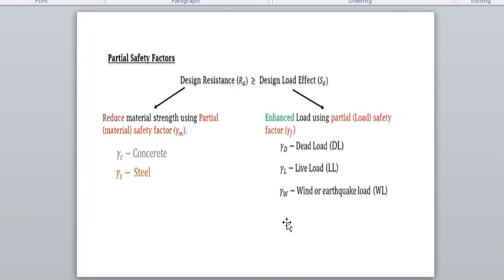That is, if the maximum load which I calculated on a structure is only 100 Newton, then in the design stage, I will multiply that load with a factor known as the partial load factor. So in the case of dead load, it will be gamma D. In the case of live load, it will be gamma L, and in the case of wind load, gamma W. Okay, that is, if I get a load, I will multiply that load, and only then will I decide.